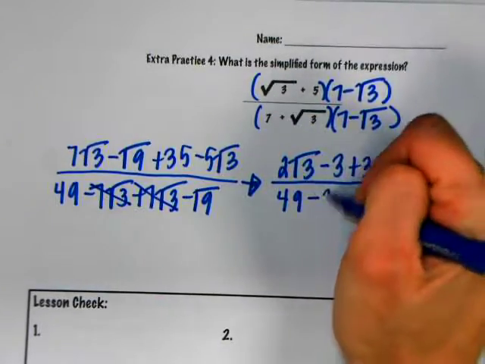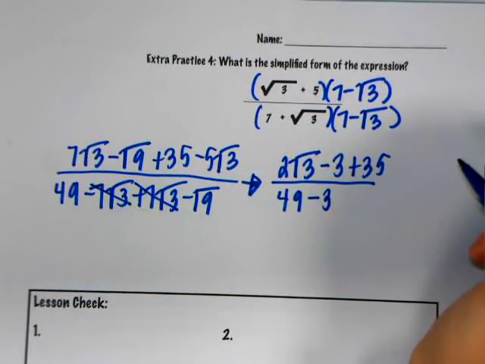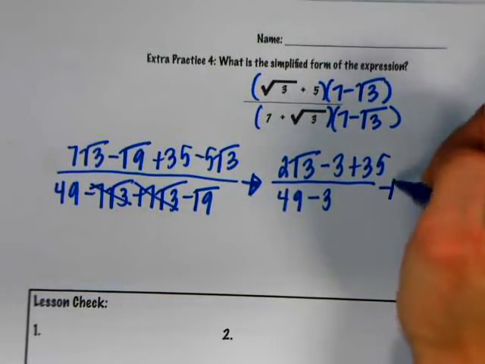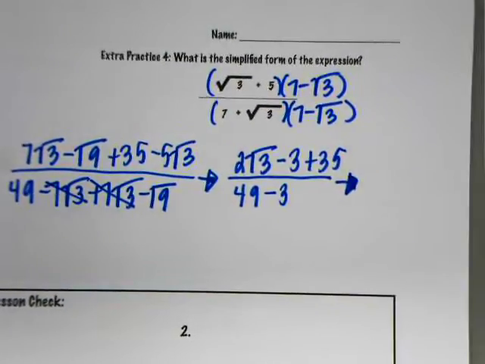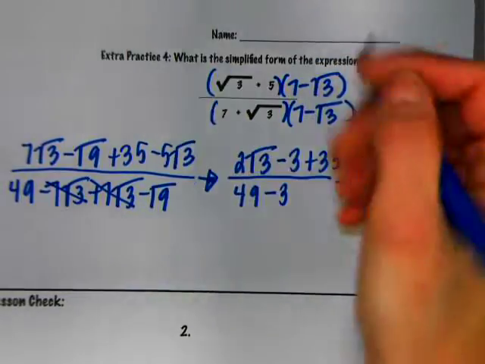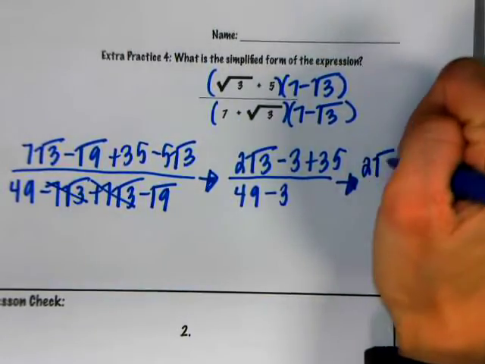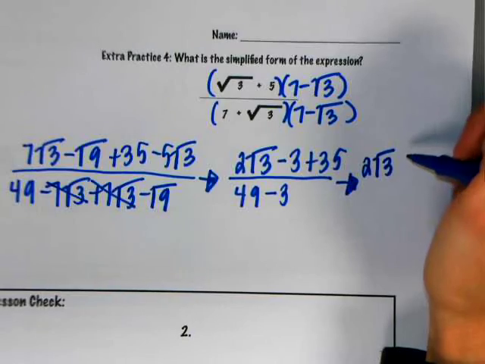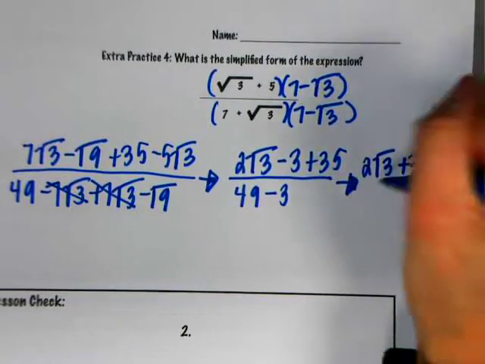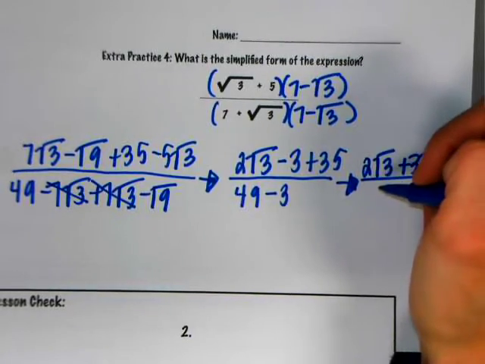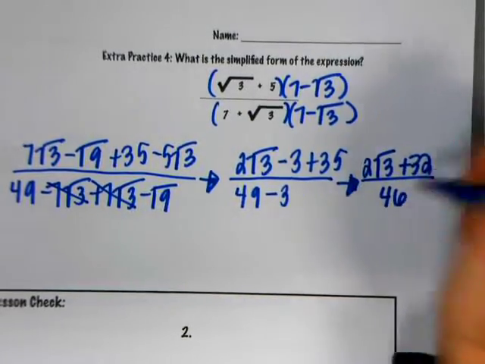Minus radical 9, which is 3. All right, on the top I have like terms negative 3 and 35. So 2 radical 3, that's going to be 32 plus 32. 49 minus 3 is 46.